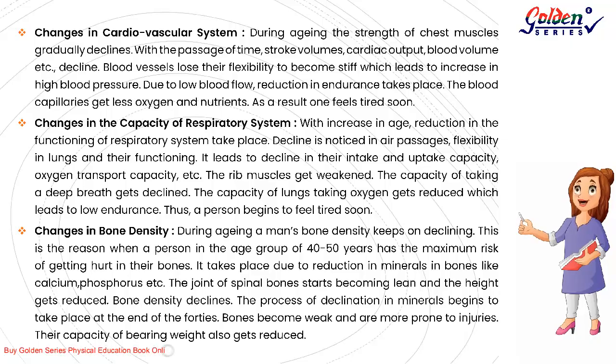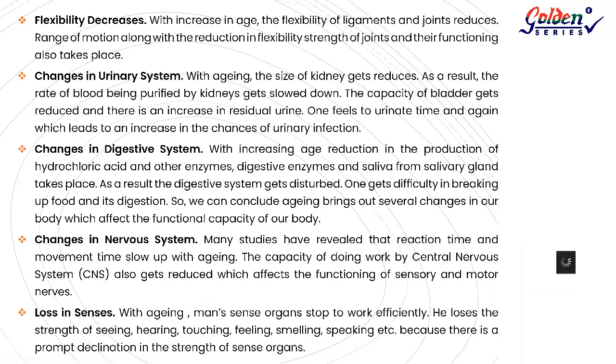Bone density declines. The process of declination in minerals begins to take place at the end of the 40s. Bones become weak and are more prone to injuries. Their capacity of bearing weight also gets reduced.